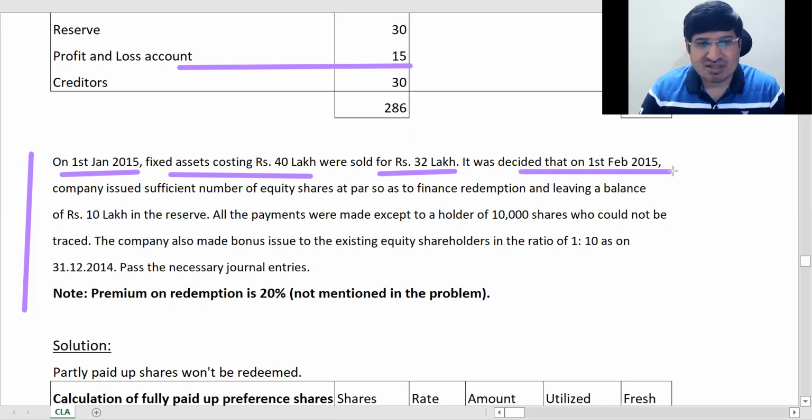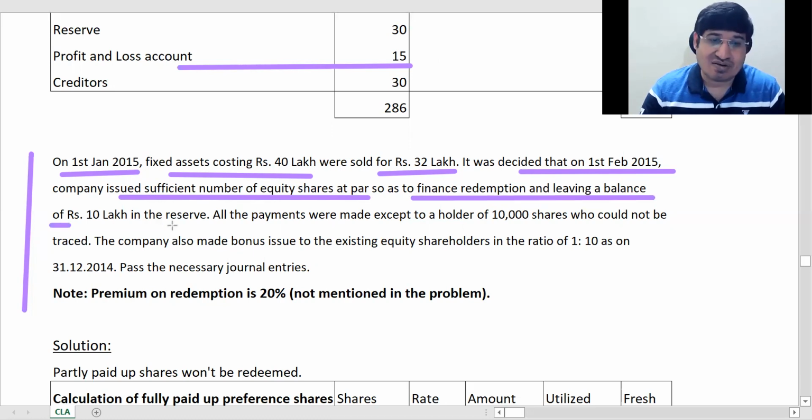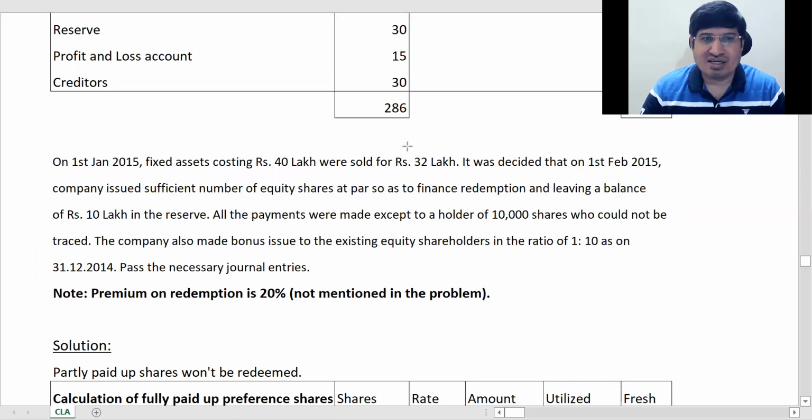It was decided on this date, company issued sufficient number of equity shares at par. So they are issuing equity shares at par. Just remember the keywords. To finance redemption and leave a balance of 10 lakh in the reserve. यानी वो ये बोल रहा है आपको कि रिजर्व में मुझे 10 लाख बैलेंस छोड़ना है। 10 लाख छोड़ना है मतलब कितना आप निकाल सकते हैं? 20 lakhs you can take out.